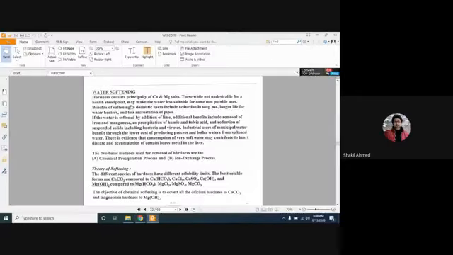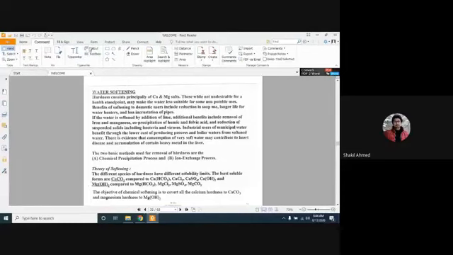So water softening. Let's see what's the definition here. Hardness consists principally of calcium and magnesium salts. These, while not undesirable from a health standpoint, may make the water less suitable for some non-potable use. That means non-drinking purpose, like, as I told you, washing and maybe industrial processes.